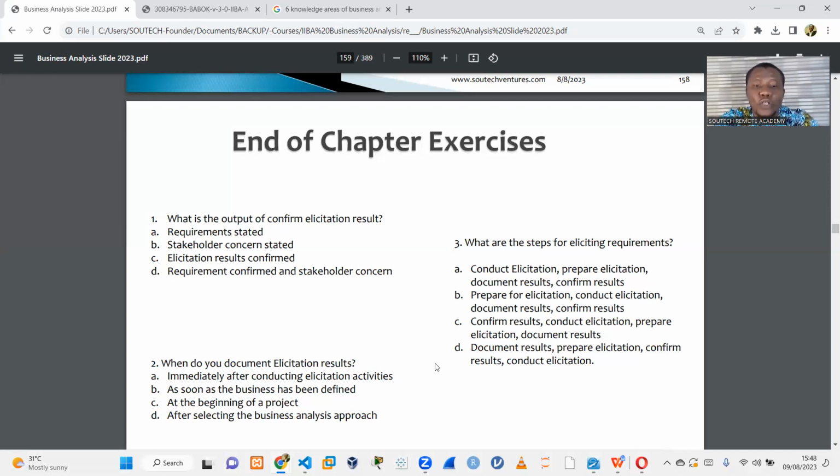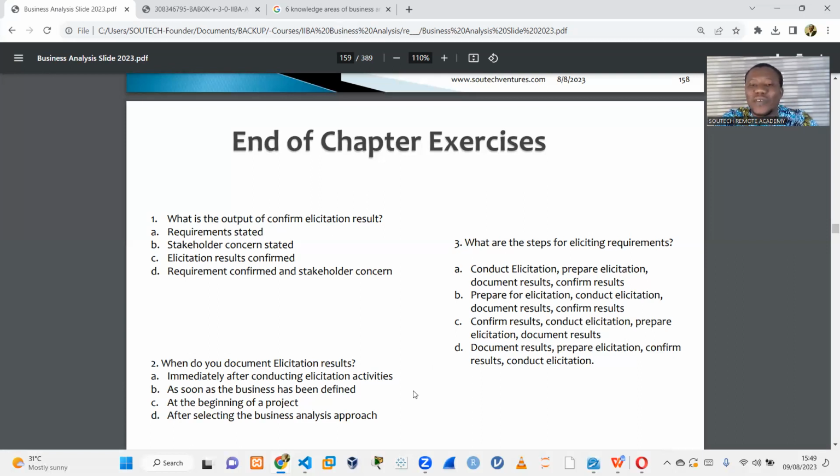Number 2, when do you document elicitation results? Immediately after conducting elicitation activities, as soon as the business has been defined, at the beginning of a project, after selecting a business analysis approach. So you normally do that after conducting elicitation activities.